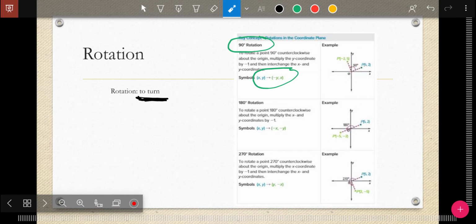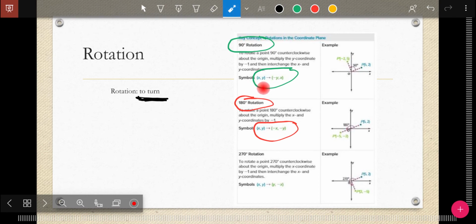I'm never going to try to trick you with this in our geometry class, so it's never going to be clockwise. You have to realize that that's the same as 270 counterclockwise. So if it ever says 90 degrees, don't worry about the counterclockwise word. That means 90 degrees, and this is our rule. The 180-degree rotation is right there. Let's go over these rules.